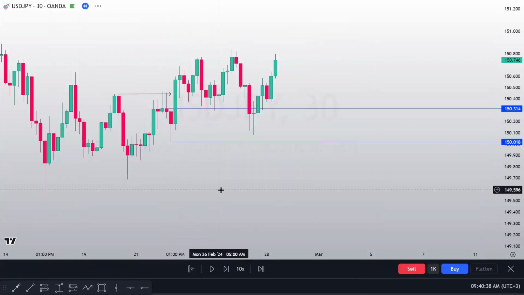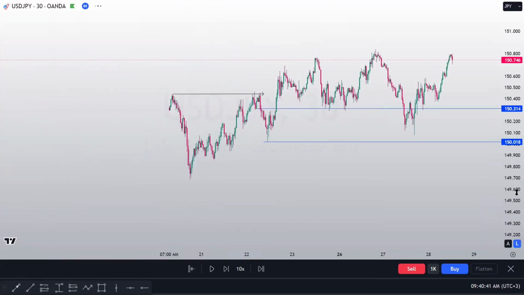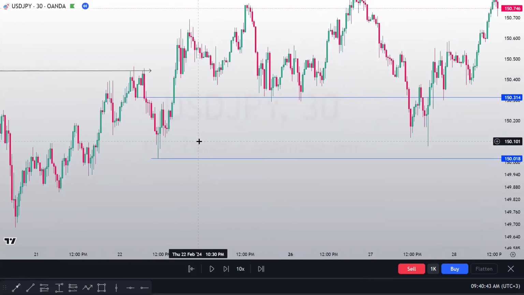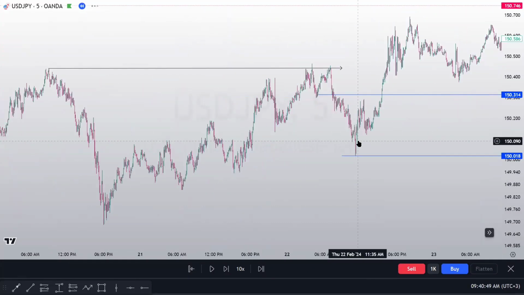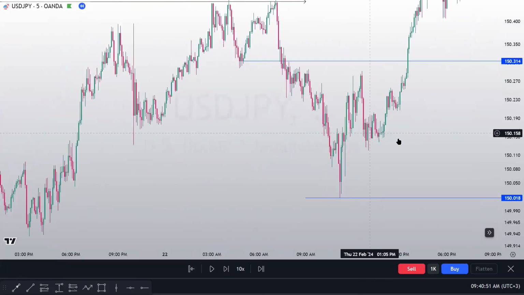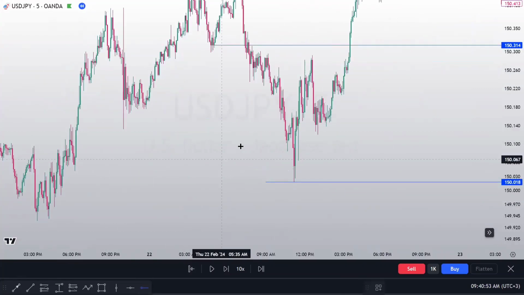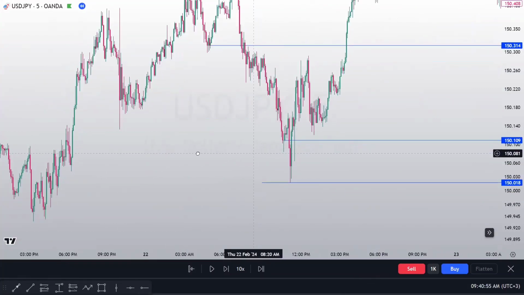Going to the 30, we had nothing on this area, but going to the 5 minutes time frame, we had this liquidity engineering right here.